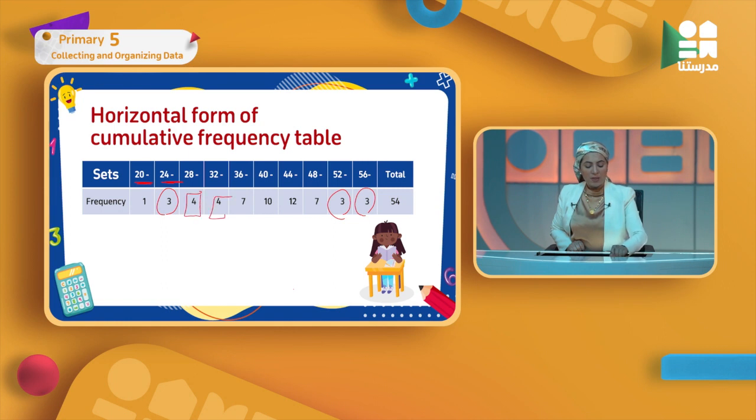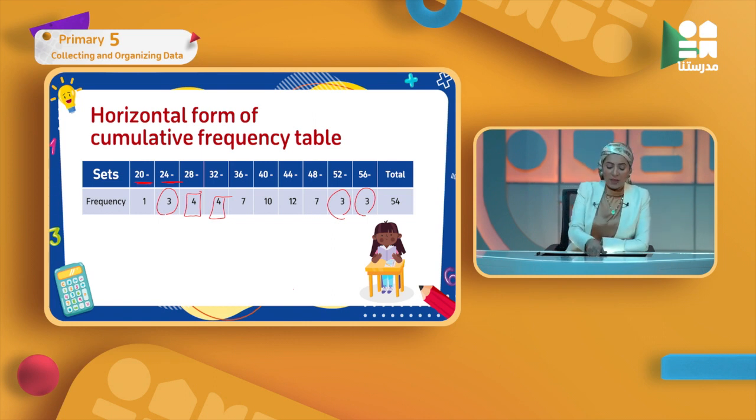The 4 was repeated at the intervals from 28 to 32 and from 32 to before 36. Both were repeated 4 times. Now, which interval has the highest frequency? The interval with the highest frequency was 44 till before 48.